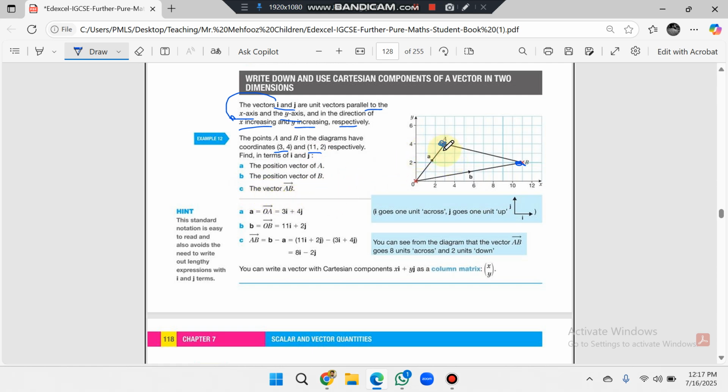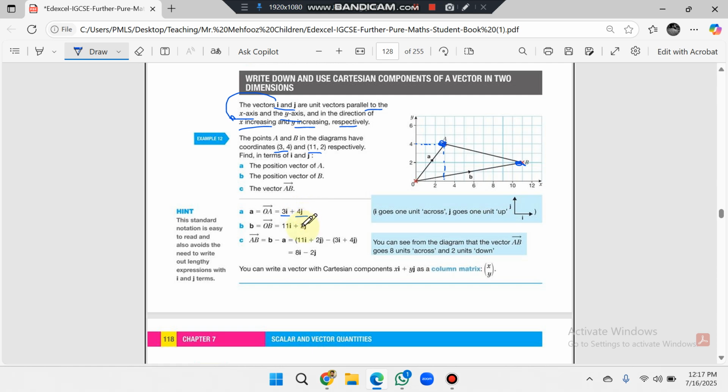We just draw a perpendicular on the x-axis as well as a perpendicular on the y-axis. So you can see that on the x-axis it moves 3 units, so 3i, plus on the y-axis it moves 4 units, so it will be 4j. So its answer will be 3i plus 4j, right?